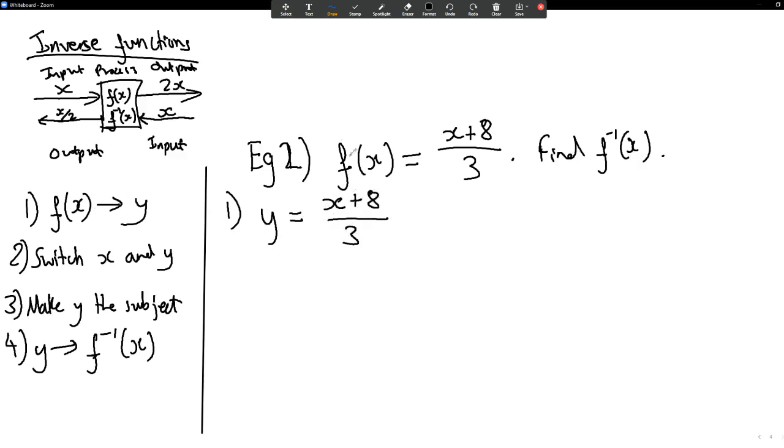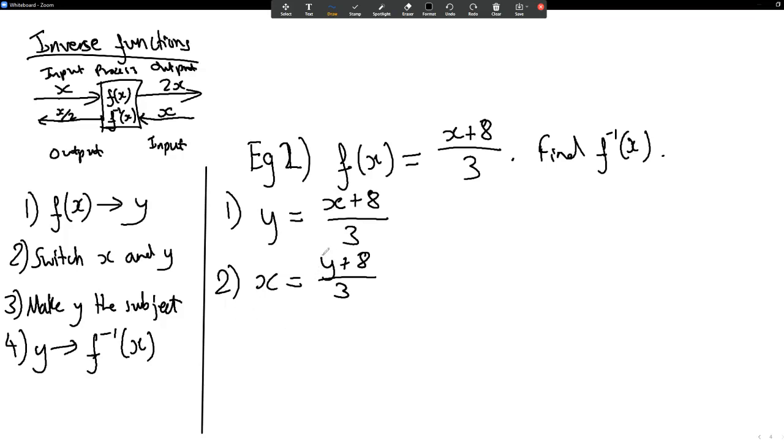Like that. We just turn the f(x) into the y. Now step 2 tells us to switch x and y around. Okay, so we just switch places. Remember, if there's more than one x, you'd have to have more than one y. When you switch it, you have to switch it with all the x's.